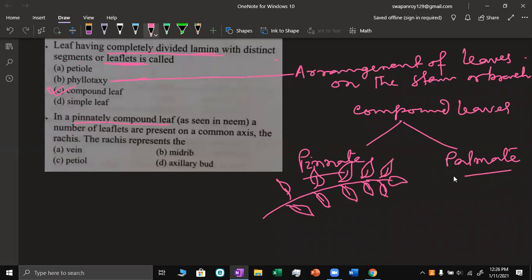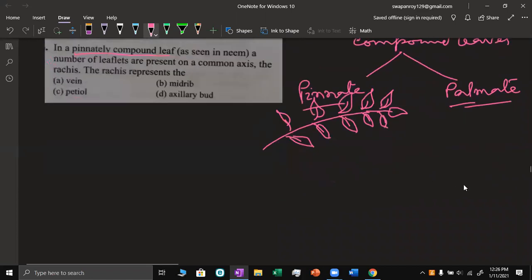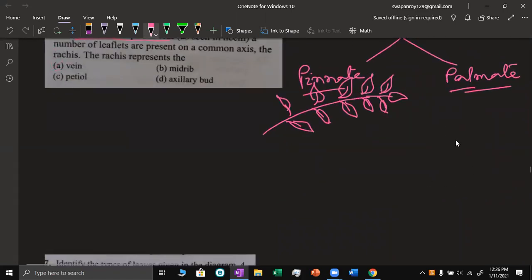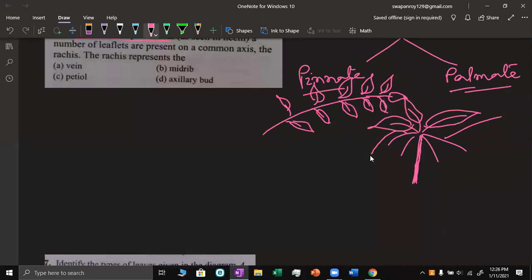And palmate, palm, like our hand. From our palm, from more or less one place, say this is the petiole, and from this petiole, from one place, leaflets come out like the fingers from our palm.